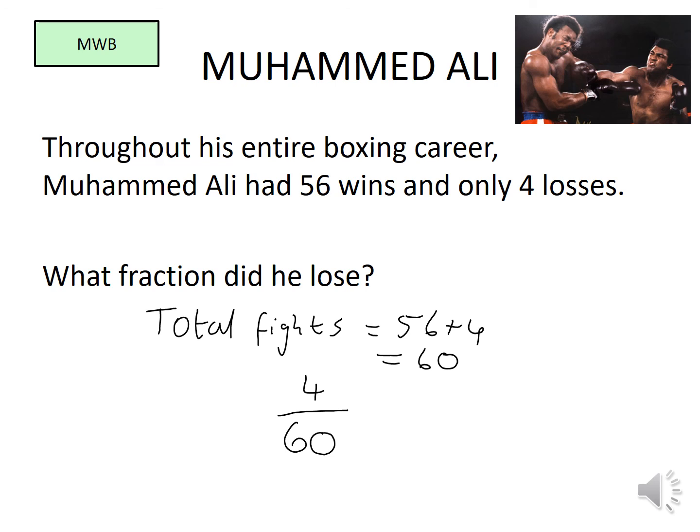So that is our fraction. However, this has not been simplified, so let's simplify this. Our highest common factor of 4 and 60 is 4. So I'm going to divide top and bottom by 4, and that leaves me with 1 over 15. And that is our final answer.